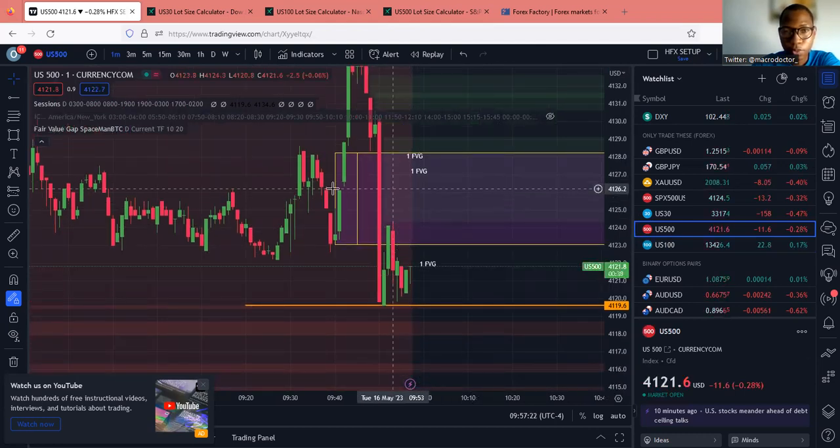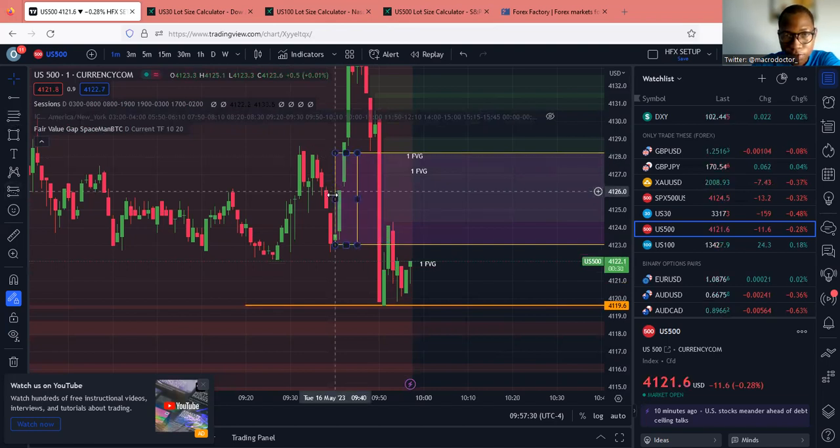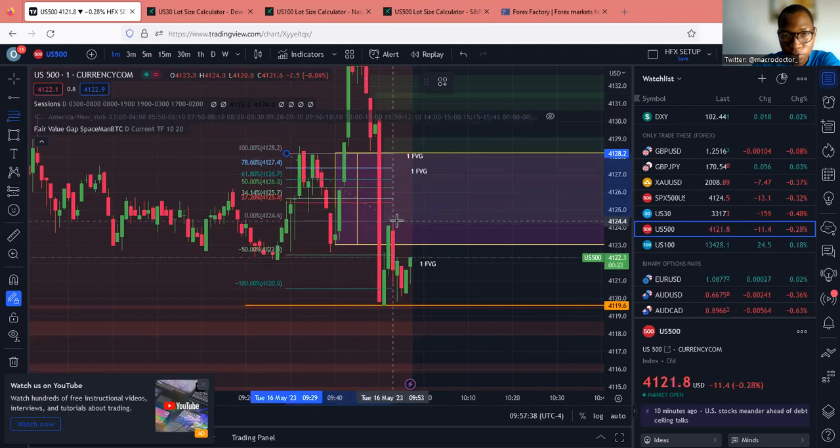So it's midway of this fair value gap. Let me anticipate where price will come to. Let's say price comes around halfway of this. It might come all the way, but I'm just anticipating so I can have a rough estimate of what my lot size should be. So that's 4126.3.